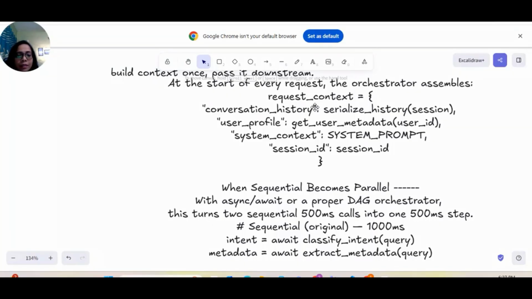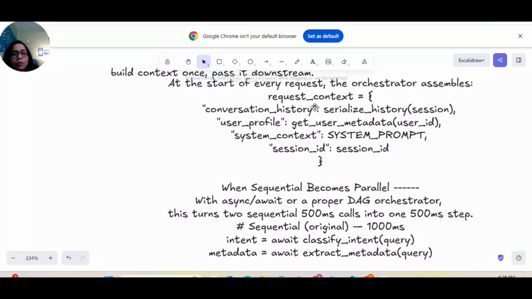It formulates one request context, a JSON object that contains conversation history, user profile, system context, and the session ID, because for a specific user session, all the conversation history needs to be fed to all three components: response generator, intent classifier, and query rewriter.